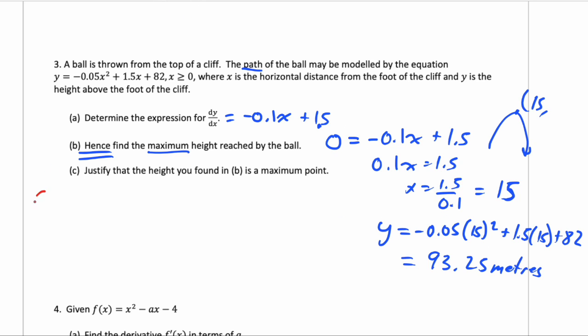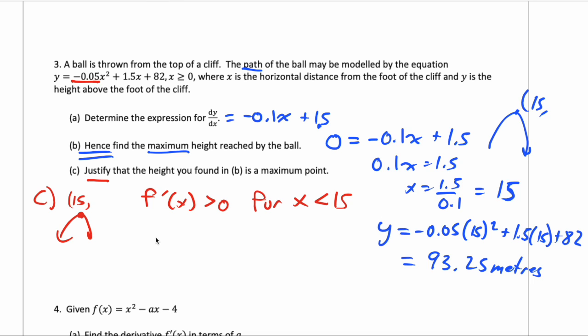Now part C, justify that the height is a maximum. Well, we can see from the graph that it's a downward facing parabola. Actually, we know it's a maximum because it's an upside down parabola. We can also say, now this is 15, f prime of x is greater than 0 for x less than 15. f prime of x is less than 0 for x greater than 15.